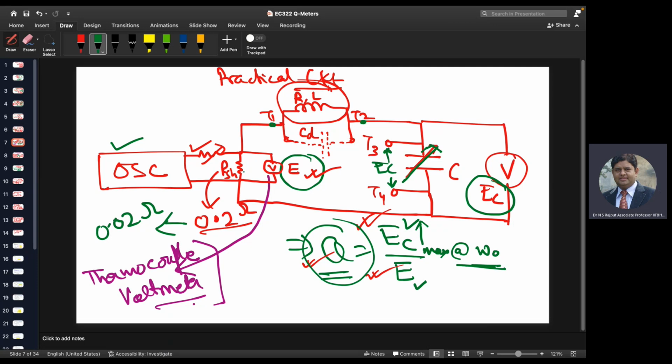Now, since the resistance applied is very small and we want to measure how much is the radio frequency power applied, it is measured by using a thermocouple voltmeter, right? A thermocouple voltmeter is a very high sensitivity thermocouple based voltmeter.